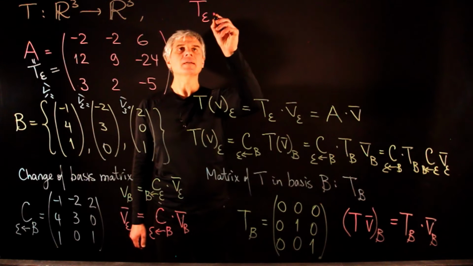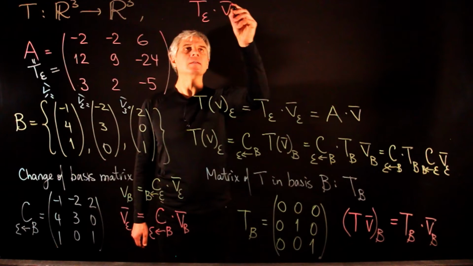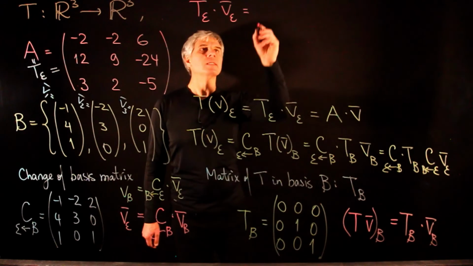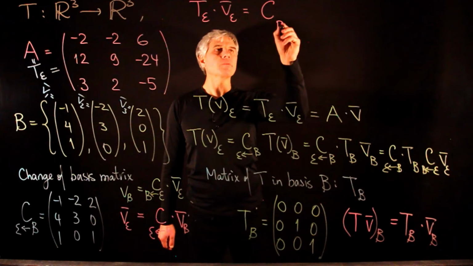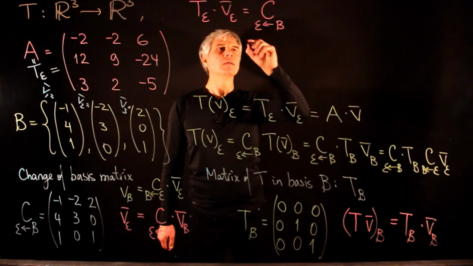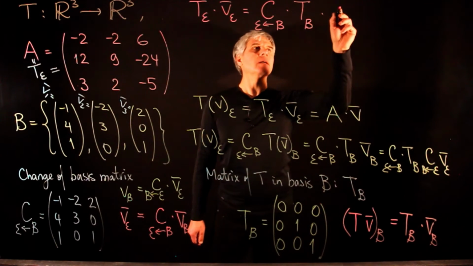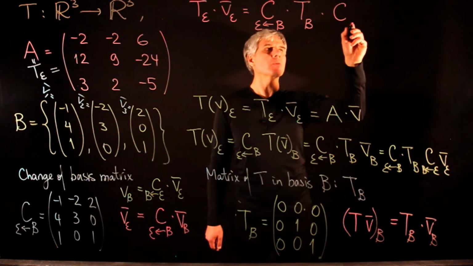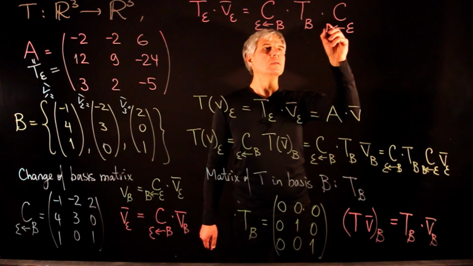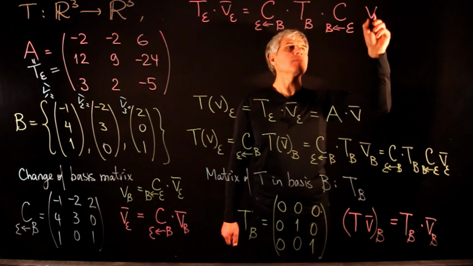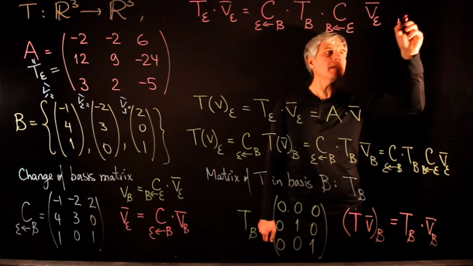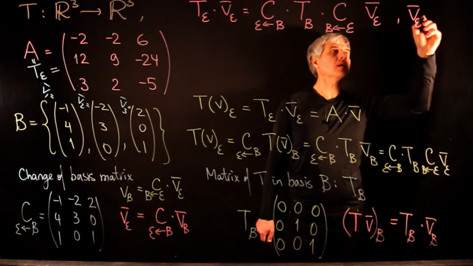So TE times VE is equal to the change of basis matrix from B to E times the matrix of T in basis B times the change of basis matrix from E to B times the vector VE. And here, this vector VE is arbitrary.